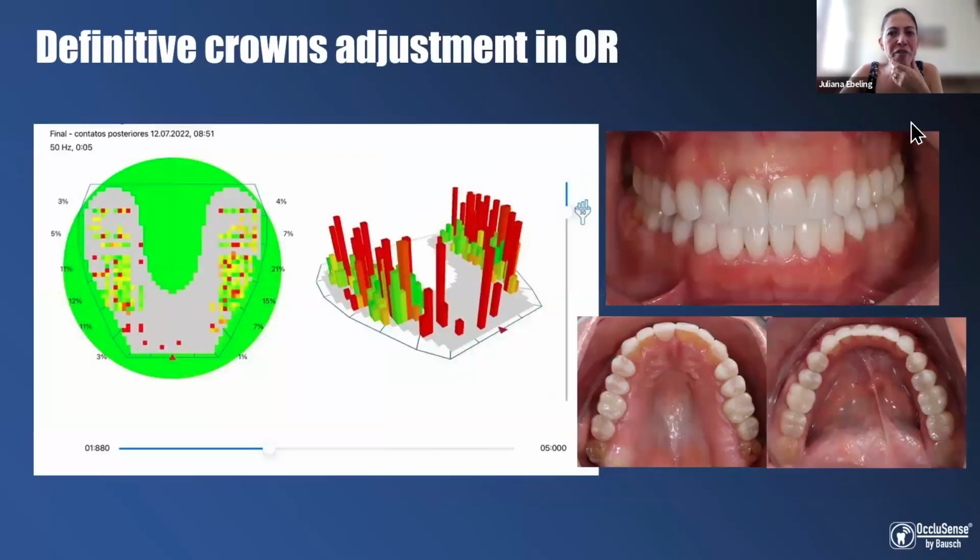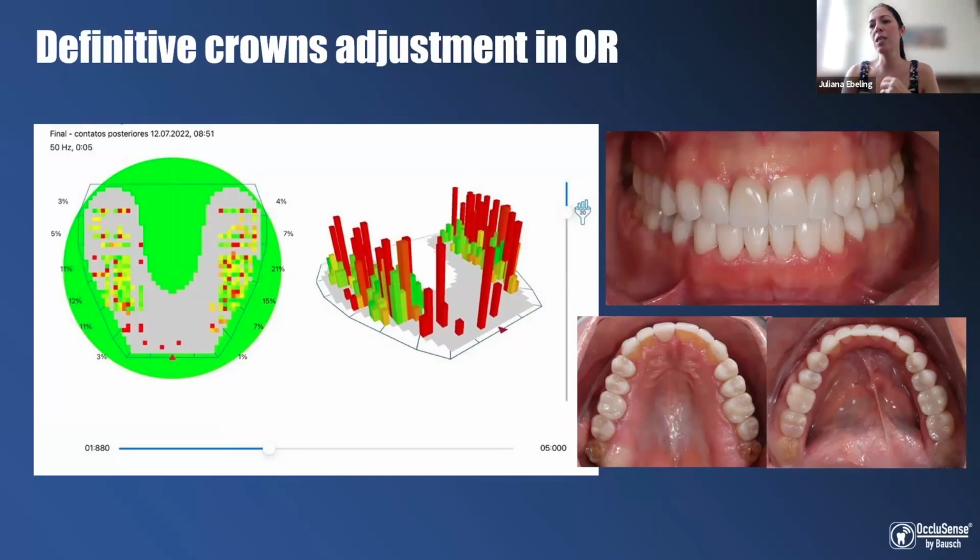And this is how we finished this case. All teeth controlled, good. This is with ceramic crowns, and this is the final distribution. Okay, this is a very balanced distribution of the intensity of the contacts. This for me is very important, and OccluSense is the only device that gives me this information.